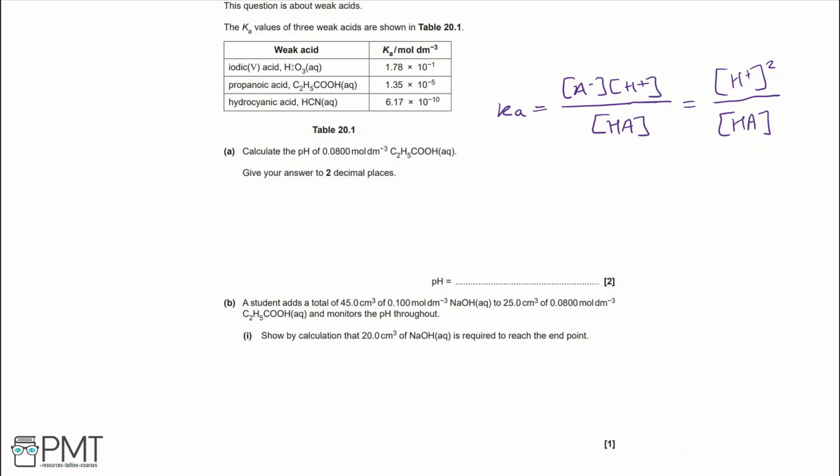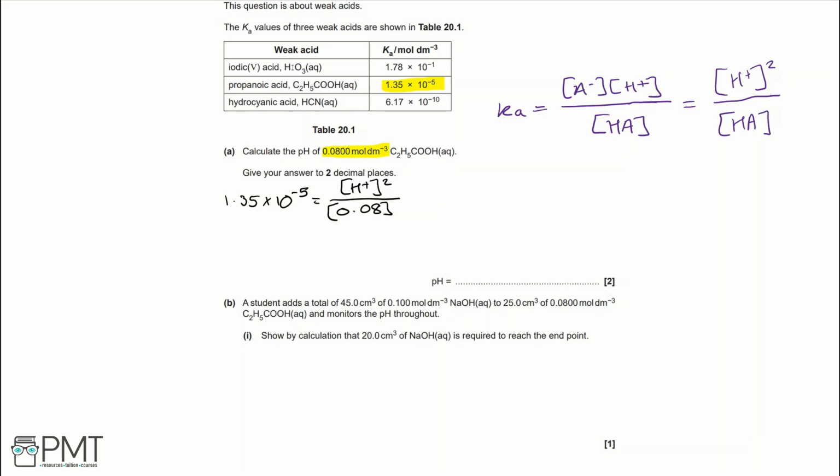So we're going to work out H plus. Our concentration of HA, or our acid, is 0.08, and our Ka value is 1.35 times 10 to the negative 5. So 1.35 times 10 to the negative 5 equals H plus squared over 0.08.